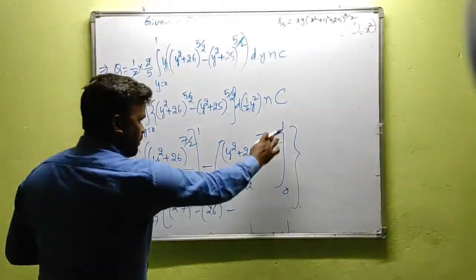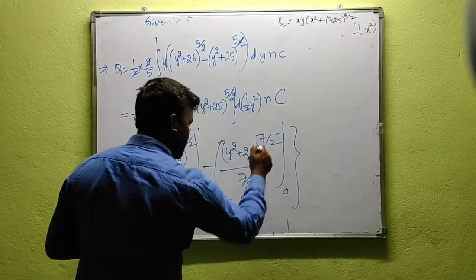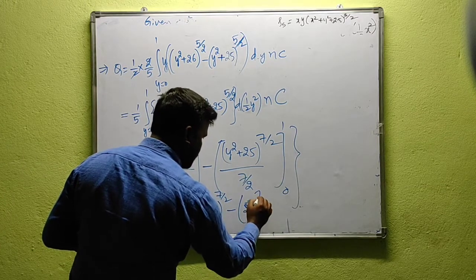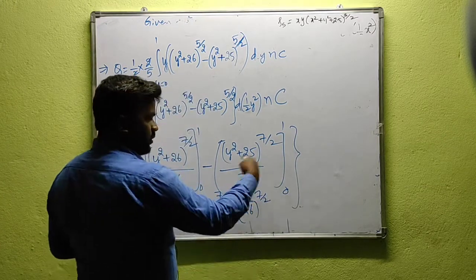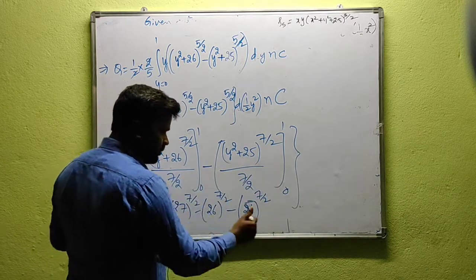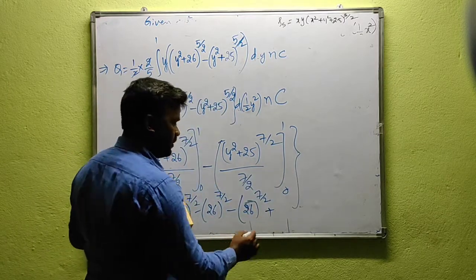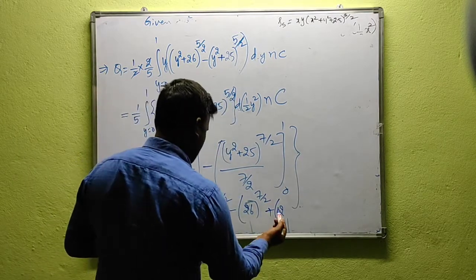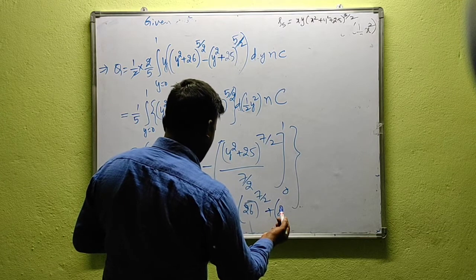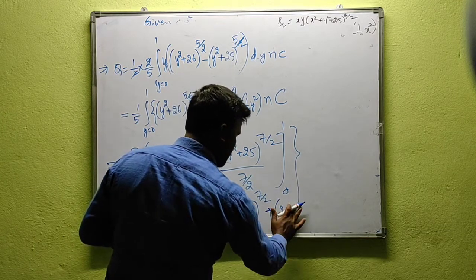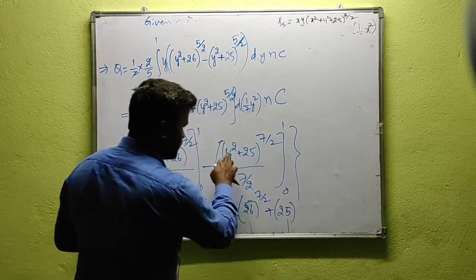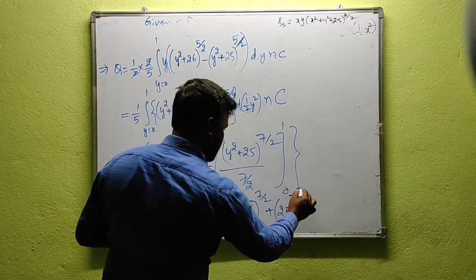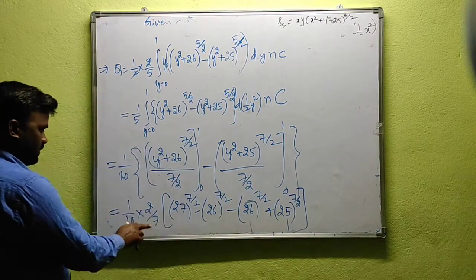For the upper limit it becomes 1, so that means 26 whole power 7 by 2, and lower limit, that is negative, here also negative, that means plus 25 whole power 0 plus 25 whole power 7 by 2, into this part, that is 2 by 7 in this one.